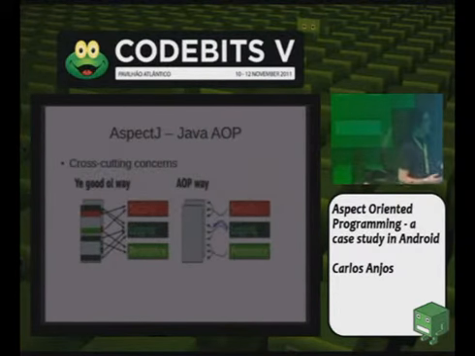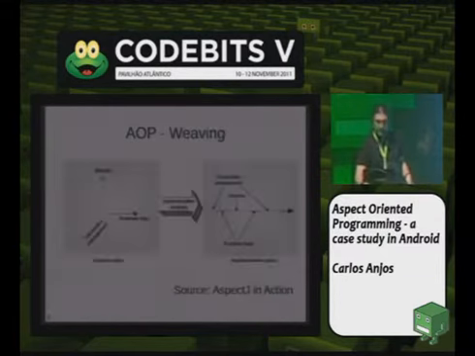The promise of aspect-oriented programming is that you can write all your business code, what you really want to do, in a simple way, and have the other stuff that supports your code in other places. And through a process called weaving, the thing gets connected again.